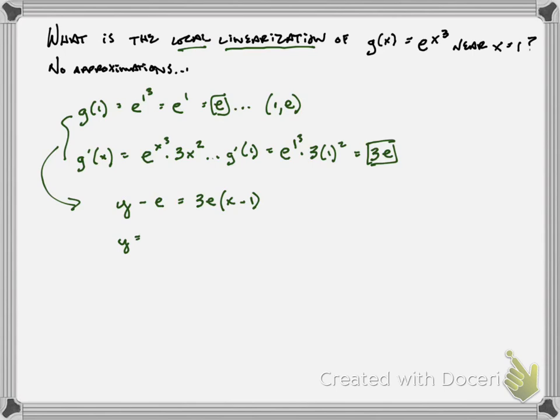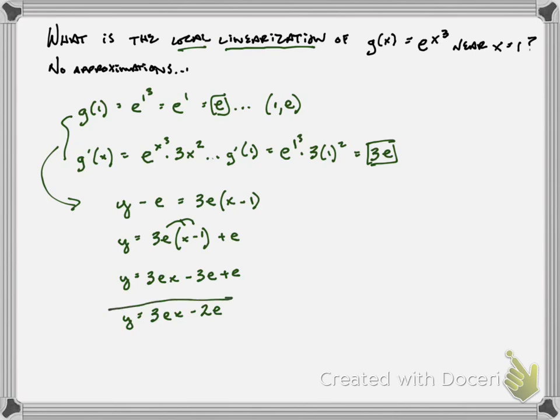You could also write this as y is equal to 3e times the quantity x minus 1 plus e, or clean it up, distribute, and we get y is equal to 3ex minus 3e plus e, which with one more step of cleaning is 3ex minus 2e. So there's your local linearization. That's the same as a tangent line approximation.